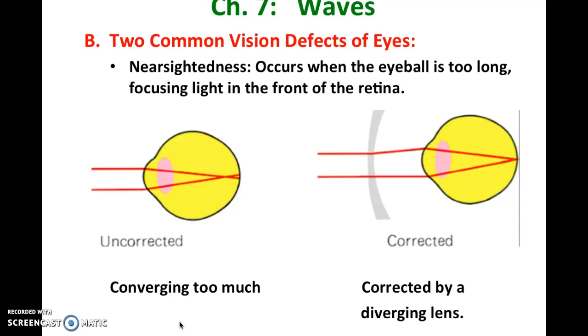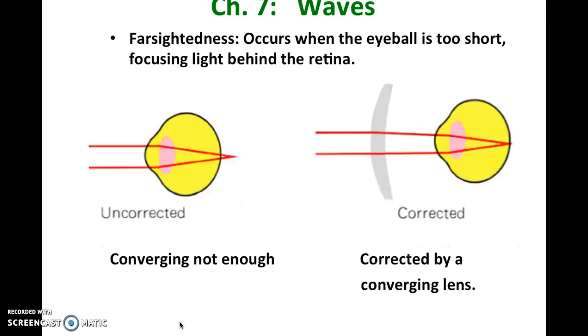It can be corrected by wearing a divergent lens. Farsightedness occurs when the eyeball is too short, and thus focuses light behind the retina. It can be corrected by wearing a convergent lens.